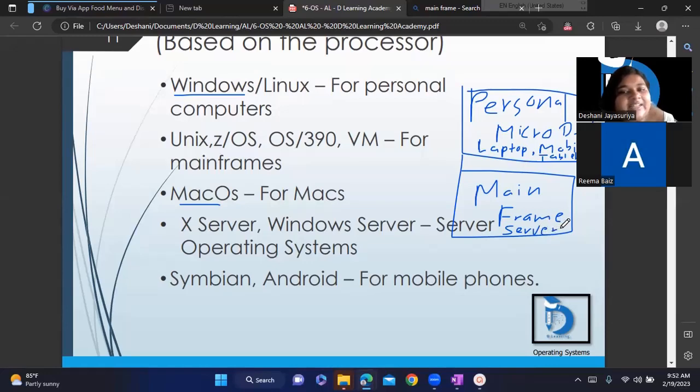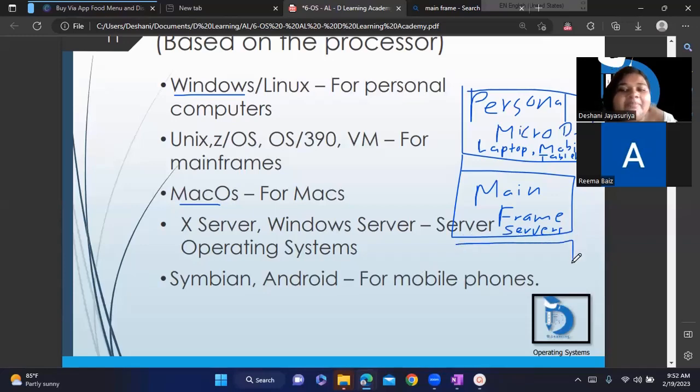So mainframes are those kinds of computers. And supercomputers are something used, say, by NASA, for specific things where that kind of processing is required to get the most up-to-date information. There we use supercomputers.